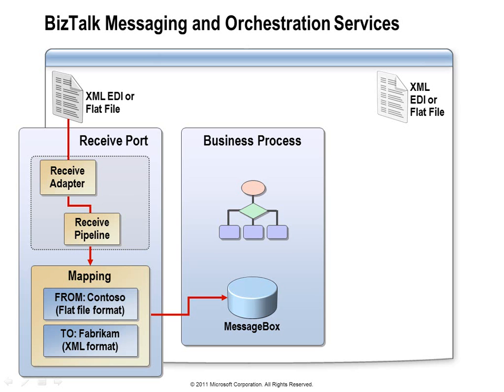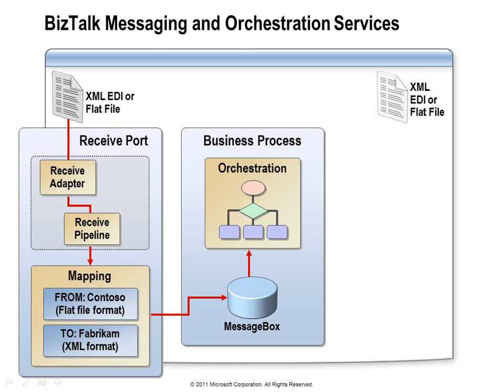And it's that metadata that serves as the basis for BizTalk's message tracking capability. Now, so far, everything that we have talked about has been governed by BizTalk's messaging engine. At this point, the messaging engine is going to deliver a copy of this message to the orchestration engine, and the orchestration engine will initialize the components that represent the automated business process that know how to handle this message from Contoso.